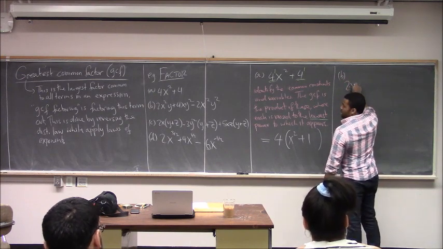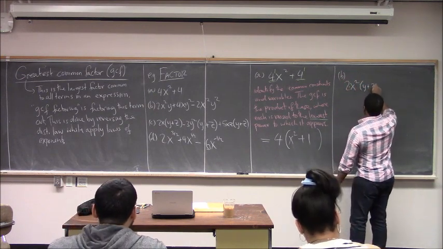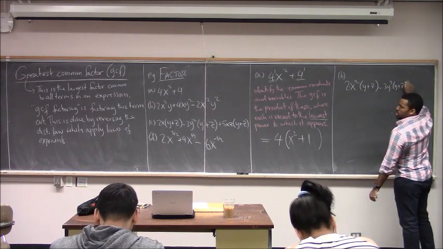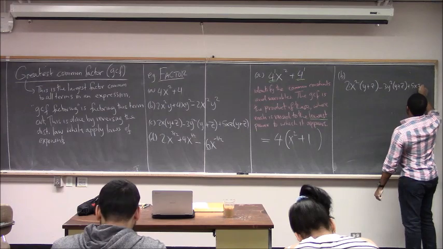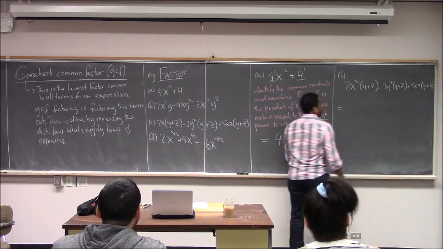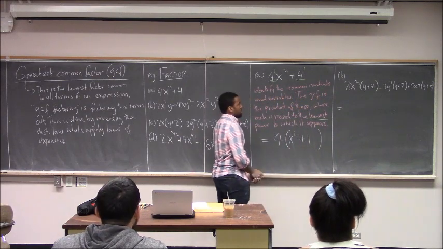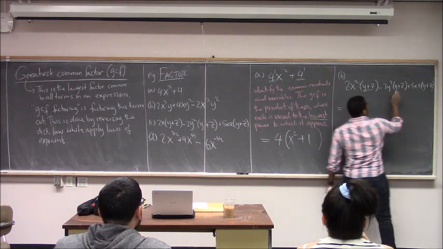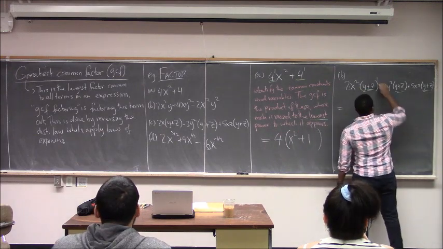What about 2x times y plus z minus 3y squared times y plus z plus 5xz times y plus z? What would you do here? What's the GCF? The y plus z. That's the guy that's in everyone. Again, there's only one power.